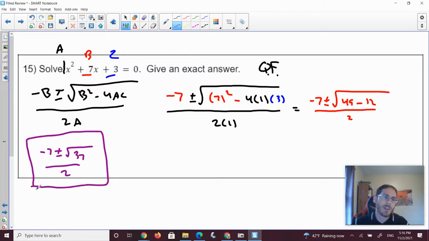That is an exact answer. So we're all set. We may not like that answer, but that's it. The reason we know we're done is because 37 doesn't really break down into anything. If 37 were to simplify into something, then we could keep going, but it doesn't, so we don't. That's it.